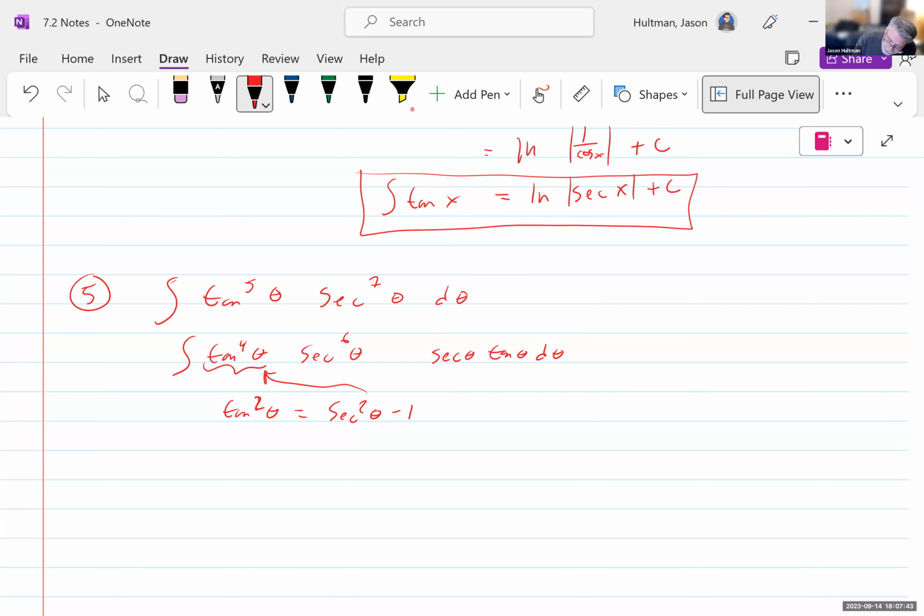So that's tangent squared squared, which is going to be secant squared minus 1 squared. And so we get secant squared theta minus 1 quantity squared, secant to the 6th theta, secant theta, tangent theta, d theta.